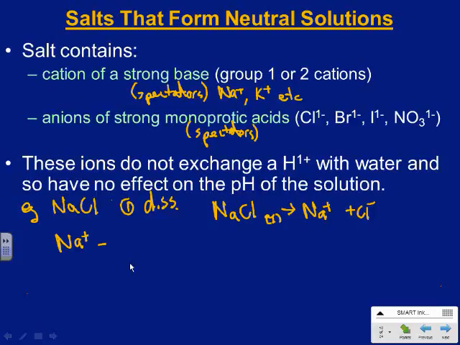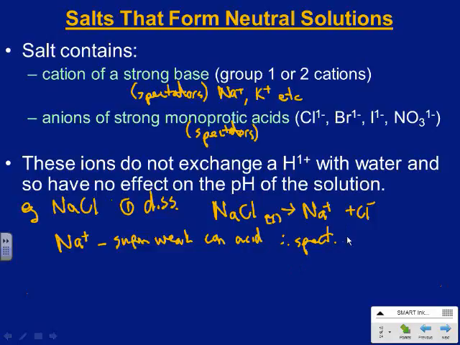Exactly. It's a spectator. I just want to put a little more information here. This is the super weak conjugate acid because it came from a base. Remember, it cut across? It's a super weak conjugate acid. Therefore, it's a spectator. Nothing.